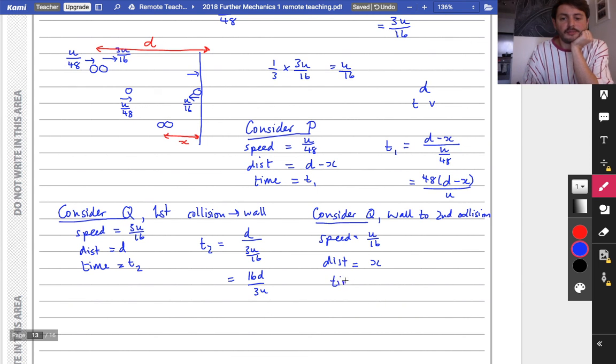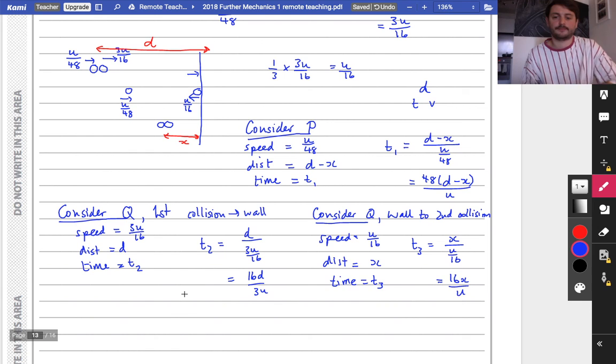And the time, I'm going to call it t3. Now t3 is going to be x over u over 16, multiply the top and bottom by 16, and you get 16x over u. Now, the amount of time that P is travelling is the same amount of time that Q travels in these two journeys.